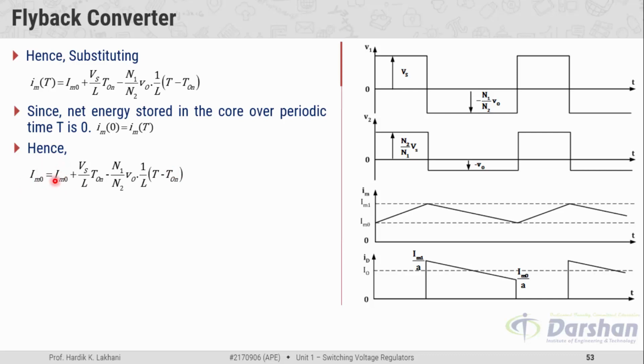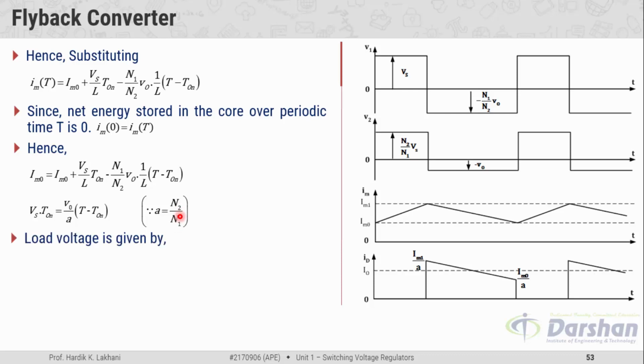So when we move this Im0 to the left hand side, Im0 minus Im0 is equal to 0, and moving L of the denominator to the left hand side, that also goes out. Finally, when we do the simplification, we get Vs into T on is equal to VO divided by A inside the bracket T minus T on, where A is nothing but N2 divided by N1, the number of turns on the secondary winding divided by the number of turns on the primary winding.